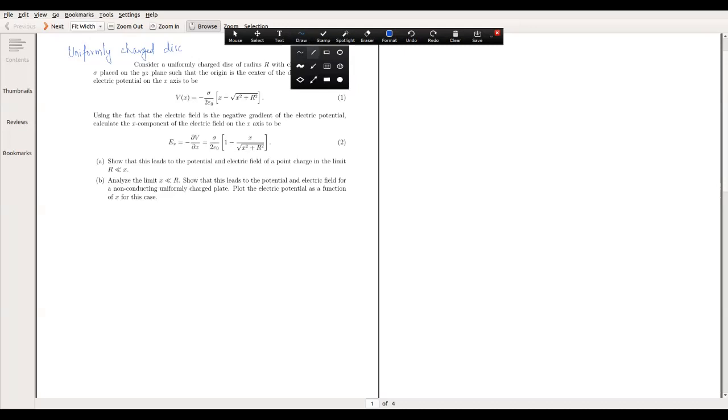So let me draw a ring first. The charge on a ring, if it is a uniformly distributed ring, we can define what is a charge per unit length.